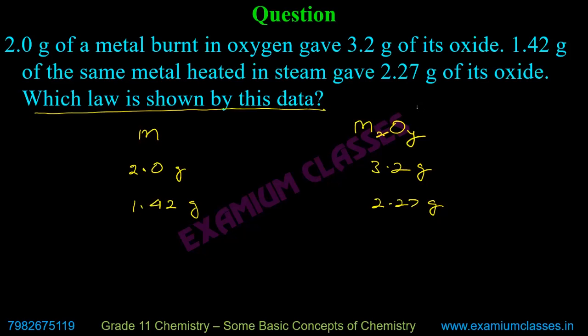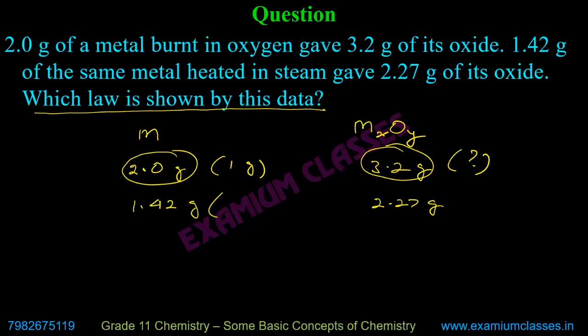Calculate what the relationship will be if this is 1 gram, and similarly what you will get for the other if this is 1 gram. Based on what you get, you will know whether it is the law of constant composition or the law of multiple proportion.